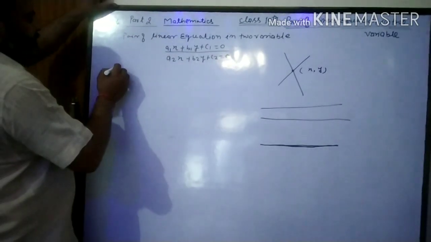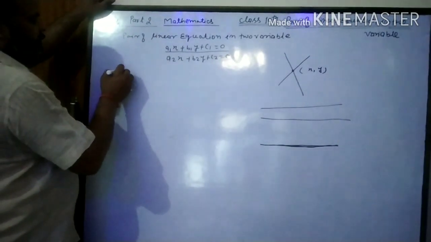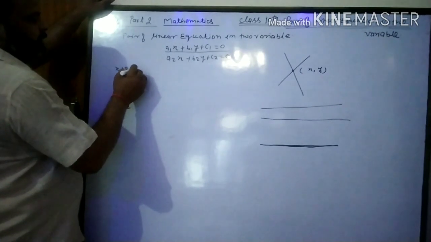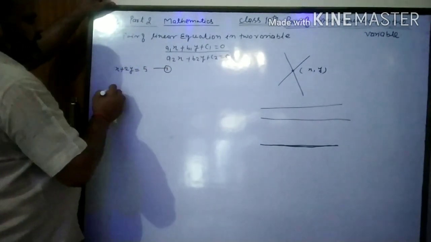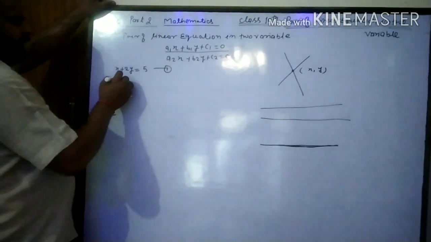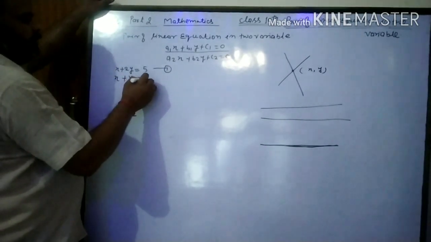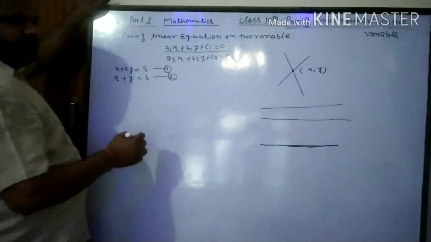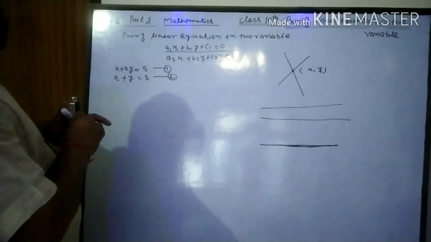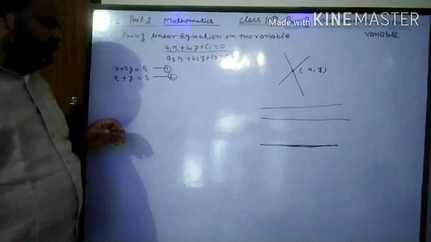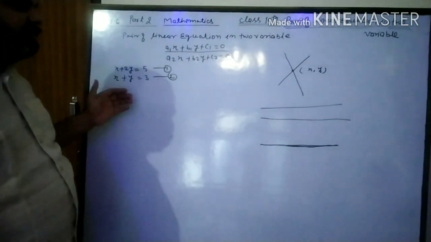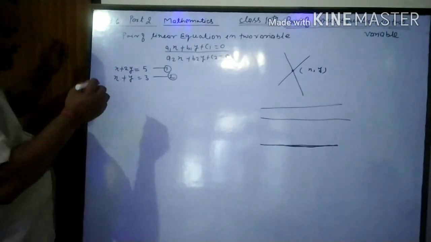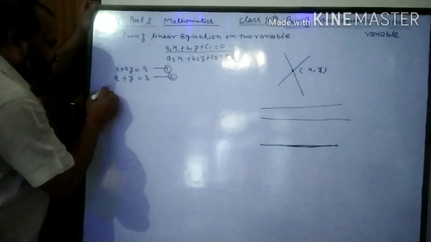Suppose here x plus 2y is equal to 5 is a linear equation in two variables, and x plus y is equal to 3 is another linear equation. Now it is a pair of linear equations in two variables, and we can represent it graphically or geometrically. Clear?